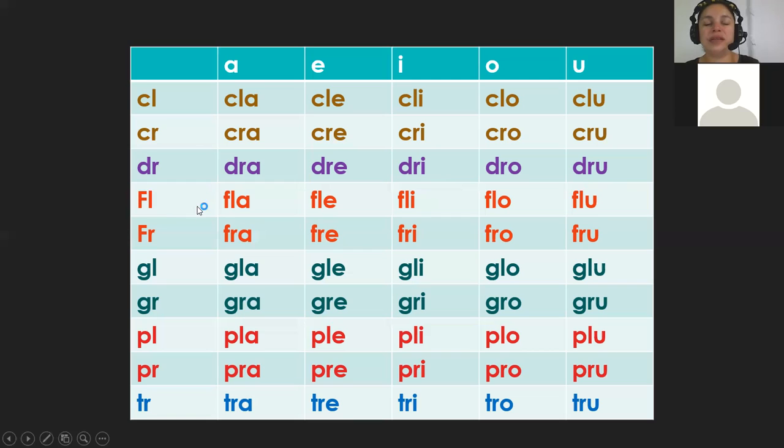FL, fla, fle, flee, flo, flu. The FR, fra, fre, free, fro, fru. The GL, gla, gle, gli, glo, glu. The GR, gra, gre, gri, gro, gru.